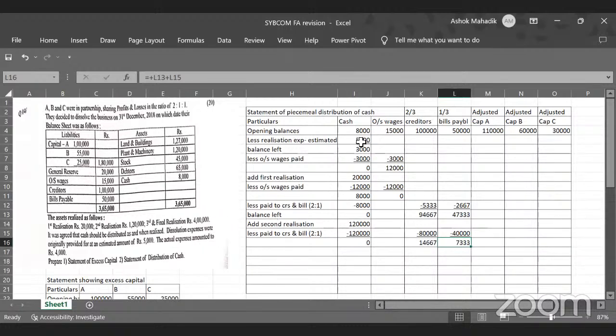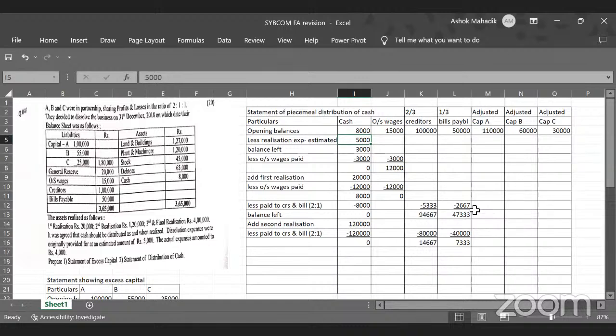Now, if you have cash, first keep aside the amount estimated to be spent on realization of assets. So I kept aside 5,000 as mentioned in the paragraph. So I was left with 3,000 rupees cash. First payment was made towards outstanding wages, since it's a preferential liability, and we have to pay it first.